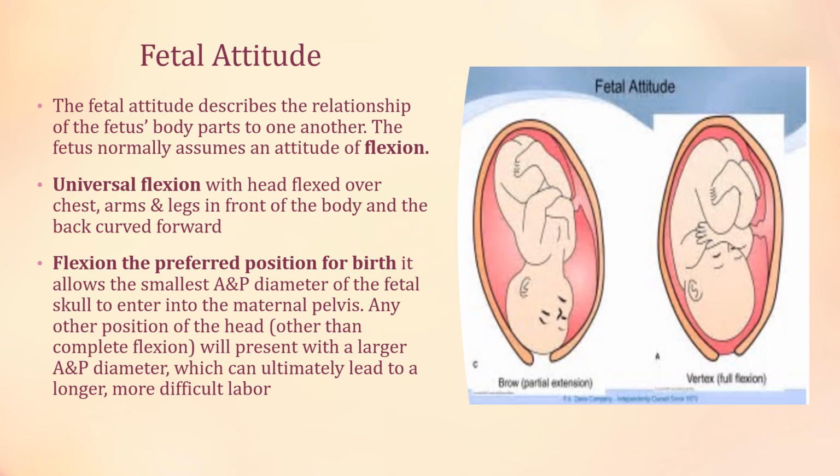Universal flexion is ideal because that causes the baby to present the vertex, the occiput. You can see how the crown would enter the pelvis, the lower uterine segment, first if the baby stays in that flexed position. So universal flexion is ideal. Extension can happen if maybe the mom's uterus is an abnormal shape or she's got some anatomy going on. There could be other factors too.